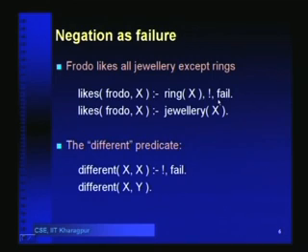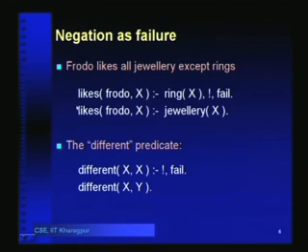And in the second case, if ring X fails, if ring ABC is not there in the knowledge base, then this rule will not succeed. You will not get any successful instantiations of this.